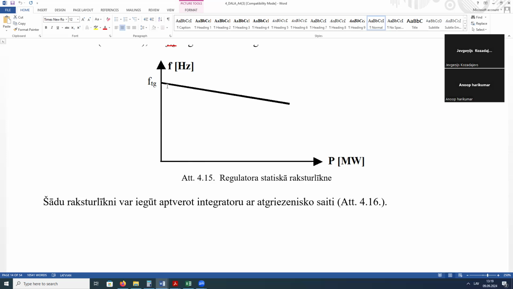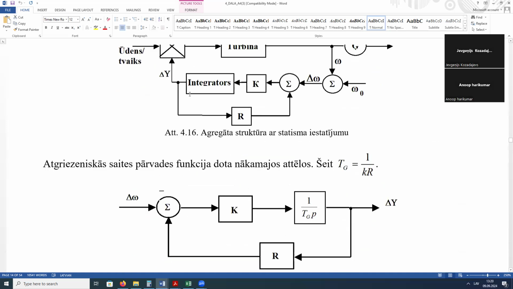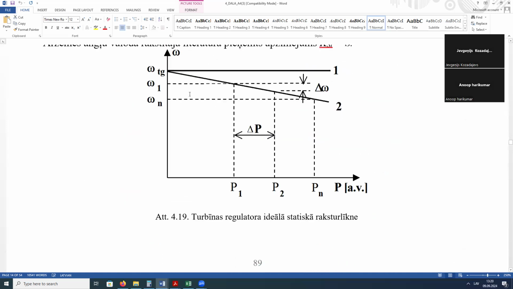But okay, this will be next. For now, it is important for us to understand the dependency of power deviation on frequency deviation. And regulators have this built-in curve for the control.